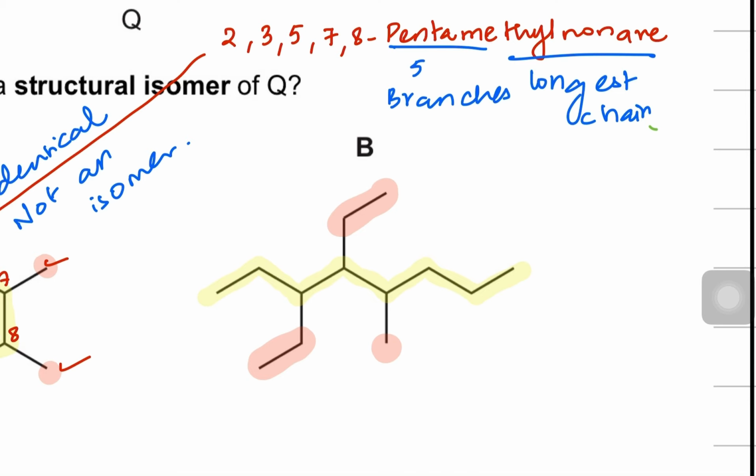Let's number the main structure. 1, 2, 3, 4, 5, 6, 7, 8. It's an octane. There is a branch with ethyl, another branch with ethyl, and there's a methyl. So it would be called 3,4-diethyl. I'm also practicing the naming for you guys.